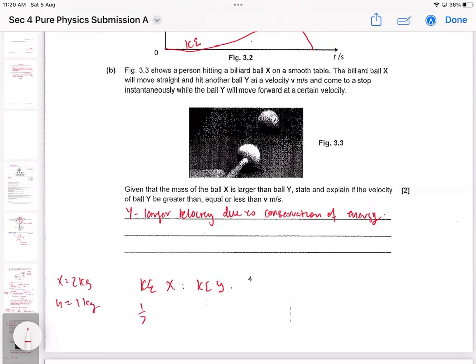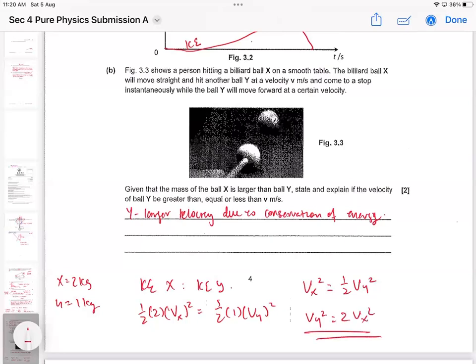If we do half mv squared, half times 2, velocity of X squared equals half times 1, velocity of Y squared. Cancelling everything off, you can see that Vx squared is equal to half of Vy squared. So you bring it over, Vy squared is 2 times Vx squared.